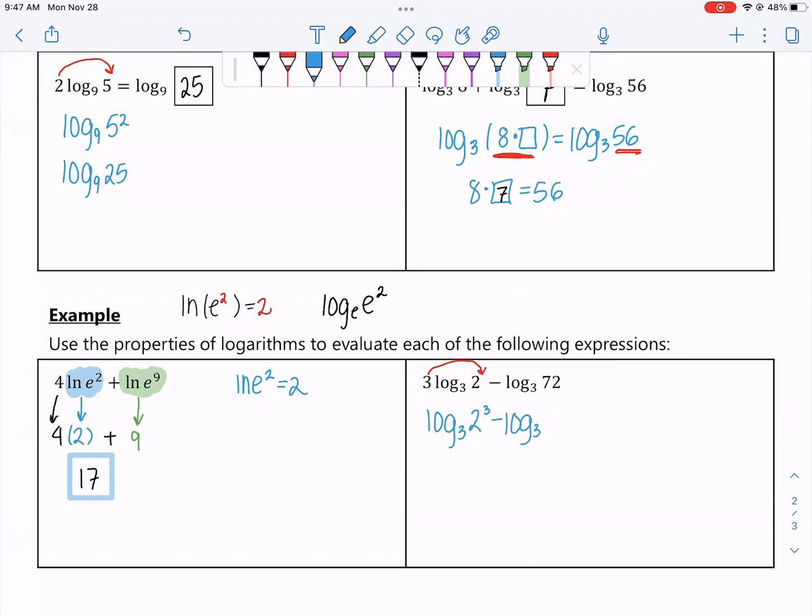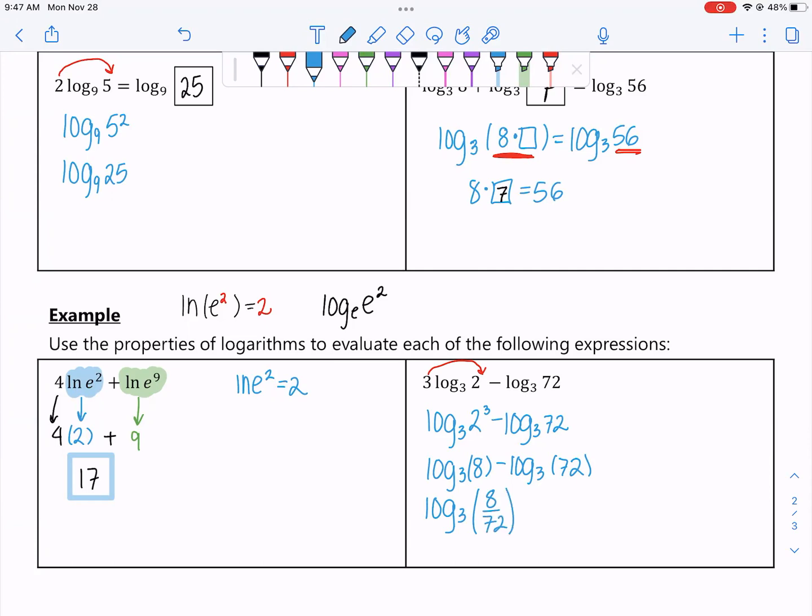Ooh, that got a little weird there. 2 cubed is 8, so we have log base 3 of 8 minus log base 3 of 72. Subtraction on the outside becomes division on the inside. We have log base 3 of 8 divided by 72.